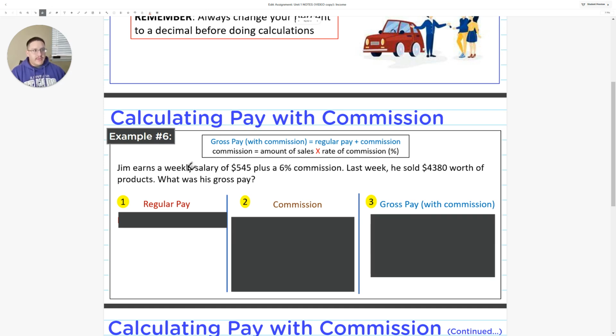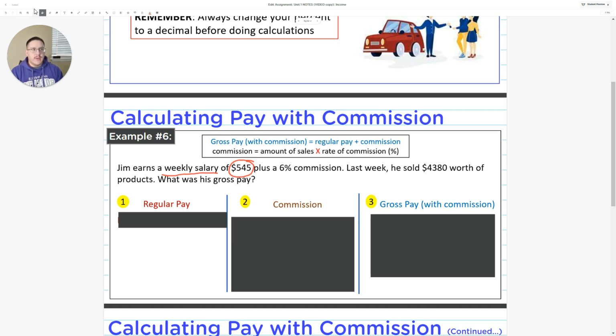All right, example number 6. Jim earns a weekly salary of $545 plus 6% commission. Last week, he sold $4,380 worth of products. What is his gross pay? His total pay before taxes. So we know his regular pay for the week is $545.